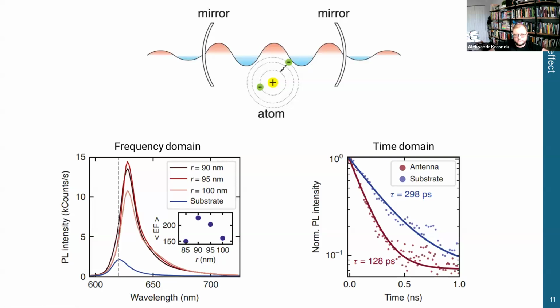It is not just about enhancement. Sometimes we need to enhance some process, and we tune the resonator to boost this light emission or acoustical emission, and so on. Sometimes we need to suppress some effects. That happens often in acoustics.